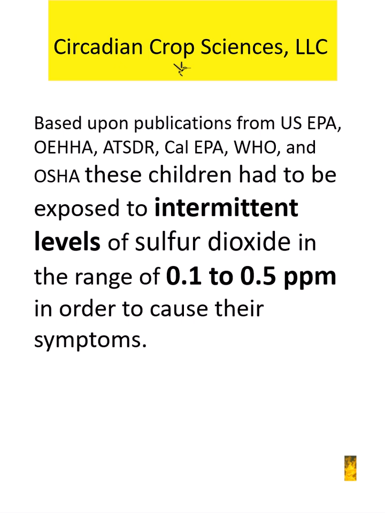Based upon publications from numerous government safety institutions and agencies, these children had to be exposed to intermittent levels of sulfur dioxide in the range of 0.1 to 0.5 parts per million in order to have caused the symptoms seen in this experiment, in this study following these children.